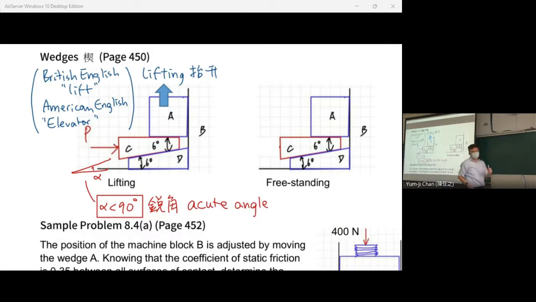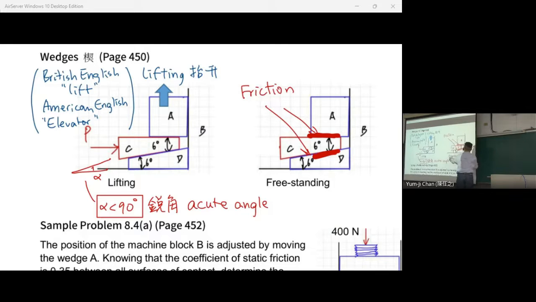Now, if this force is removed, the friction on these two surfaces would stop wedge C and block A from falling. So there is no falling.